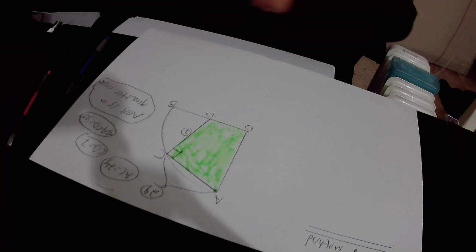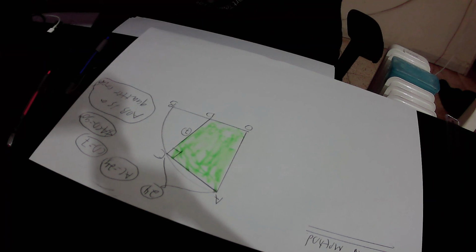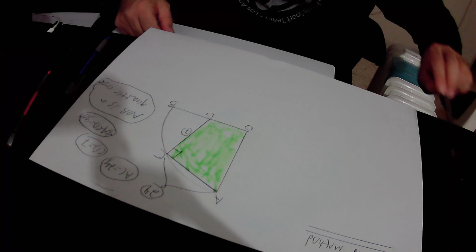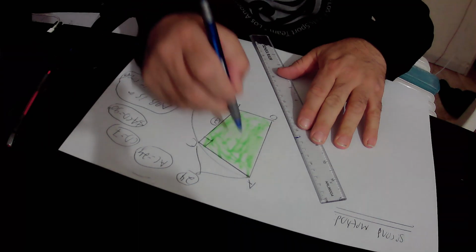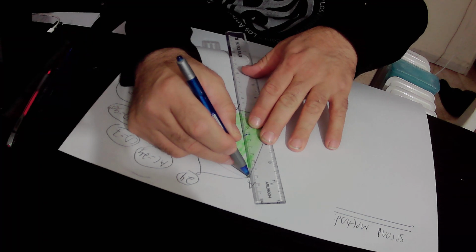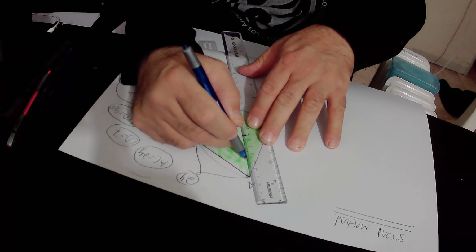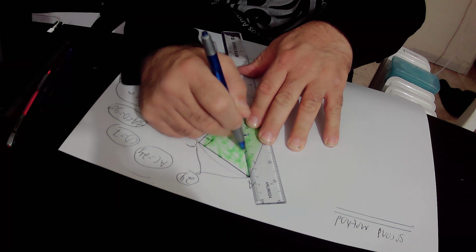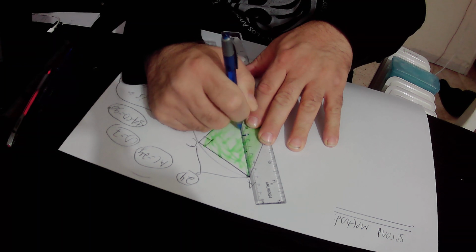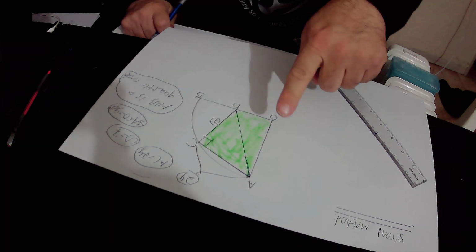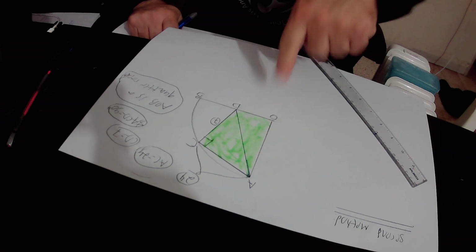In the second method, we join points A and D together by a straight line. By joining points A and D, we created here the right triangle ACD.